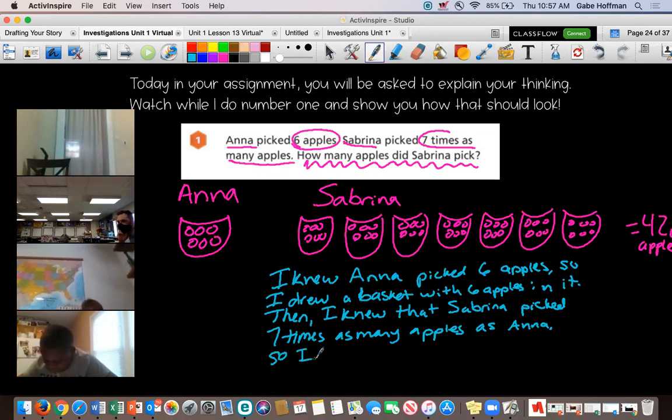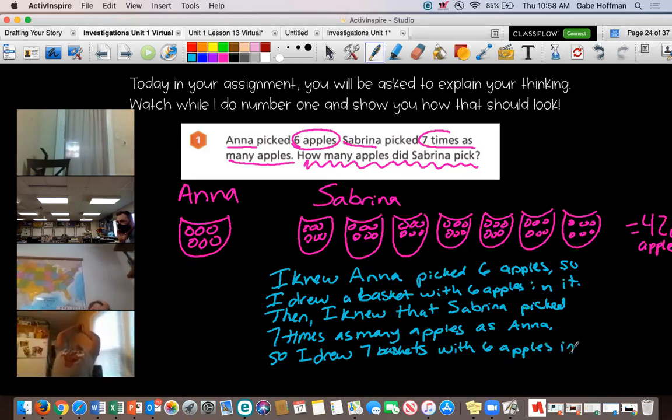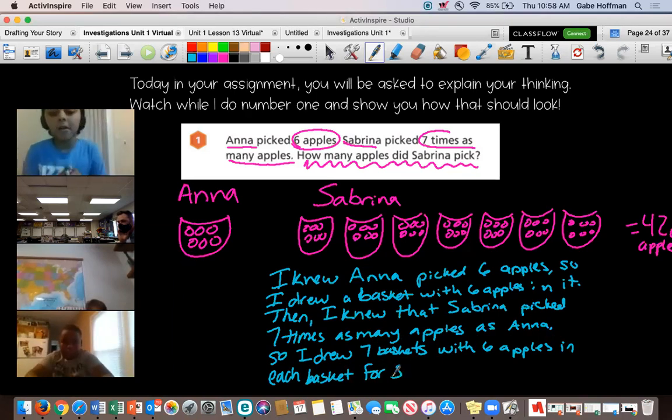So I drew 7 baskets. That says baskets, it's hard to read. With 6 apples in each basket for Sabrina. And then I need to explain my last step.